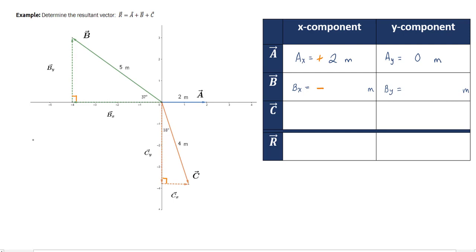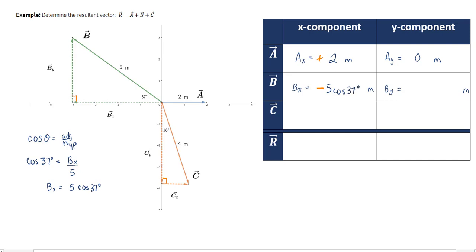So the trigonometric ratio that has adjacent and hypotenuse would be cos theta. So we have cos 37 degrees is equal to our component Bx over 5 meters. Solving for Bx, we get 5 times cos 37 degrees. So let's pop that in our table.